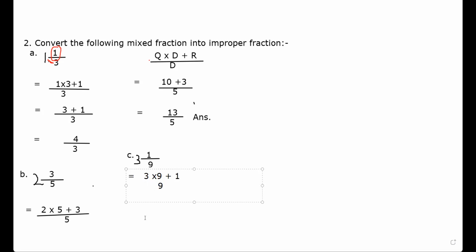Now what we have to do? We have to multiply 3 into 9, 9 3s are 27, and add the 1, and we have to write the denominator 9 as it is.